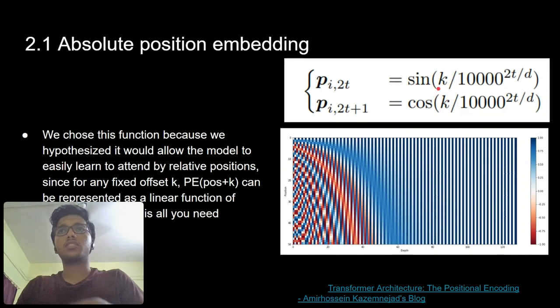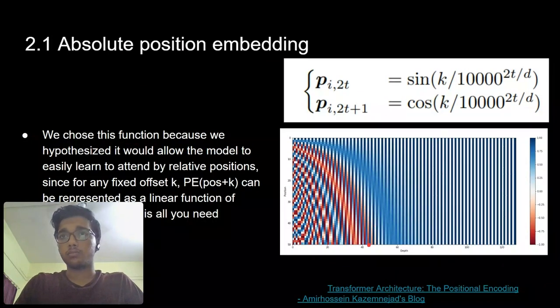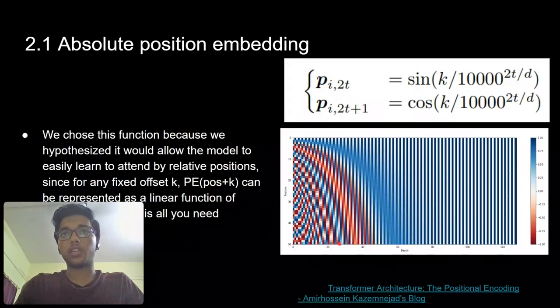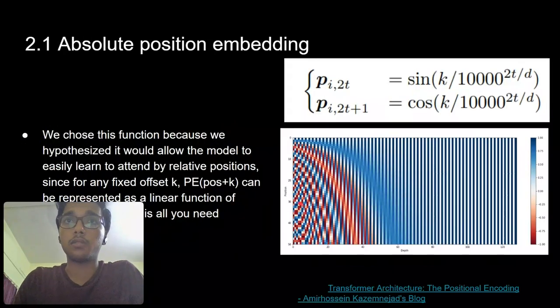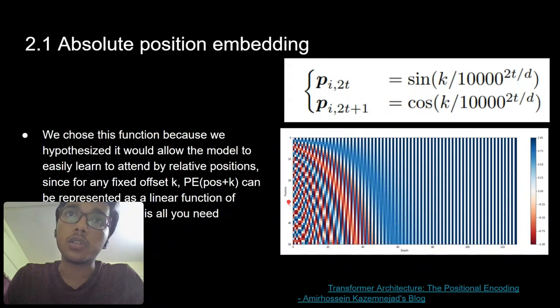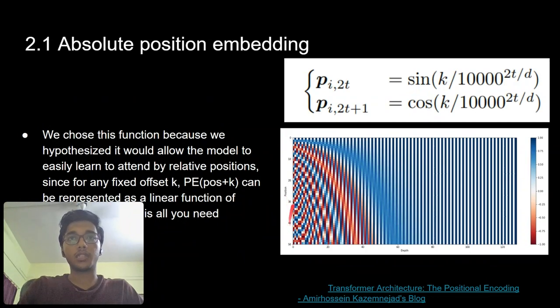Where k is a constant, which is generally taken as one, and for the position embedding value at the ith token and the (2t+1)th feature, it would be this. If you visualize it, it looks something like this. Here the y-axis determines the position and the x-axis determines the depth, meaning the feature.